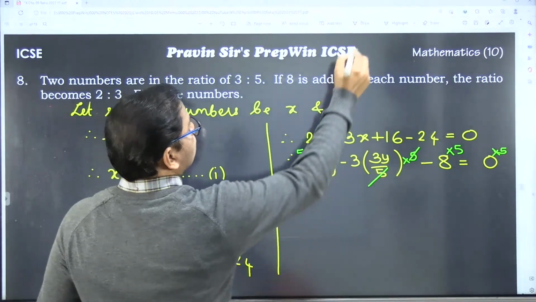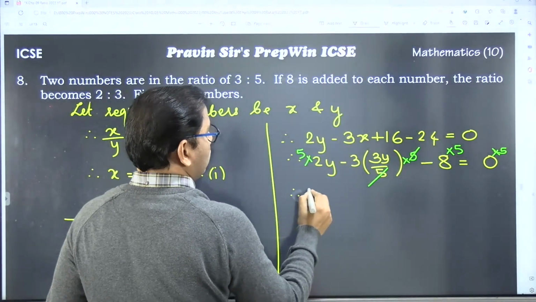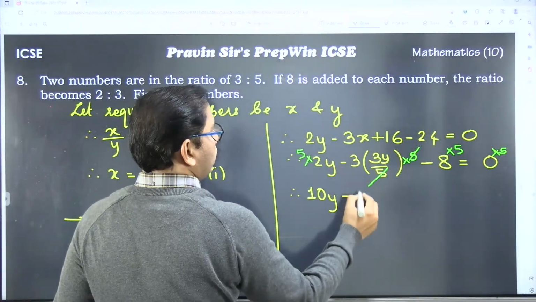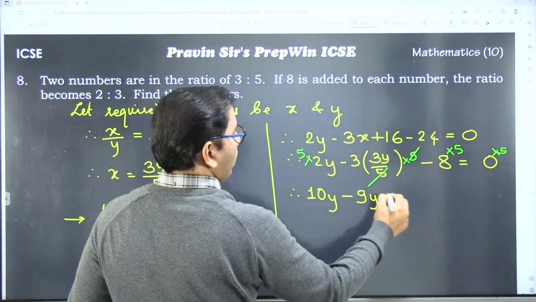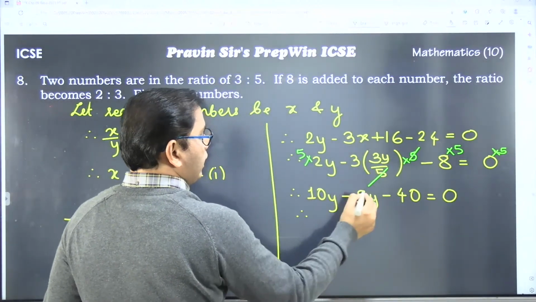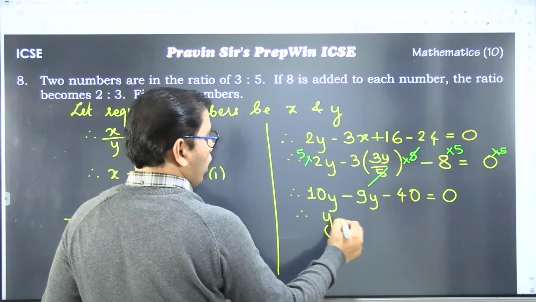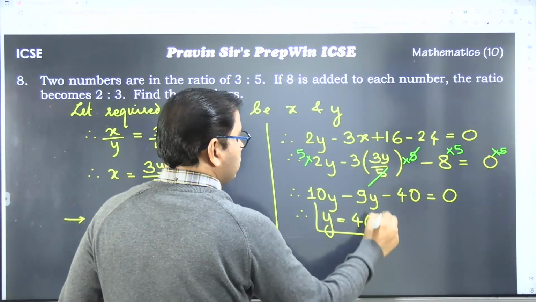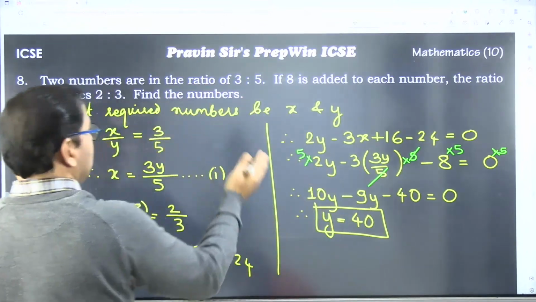5 into 2 is 10y, minus 3 into 3 is 9y, minus 40 is equal to 0. 10y minus 9y is y, and minus 40 goes to the other side, becomes 0 plus 40 is 40. So my second number is 40.